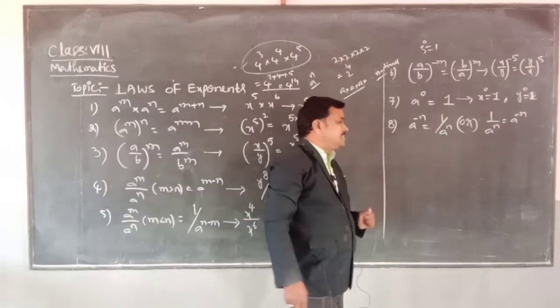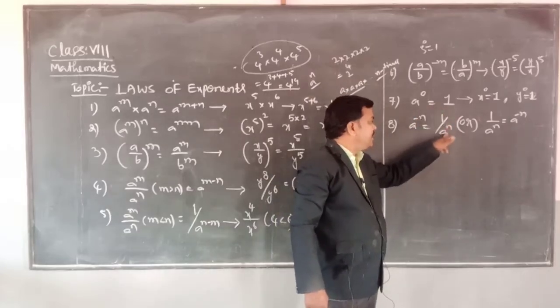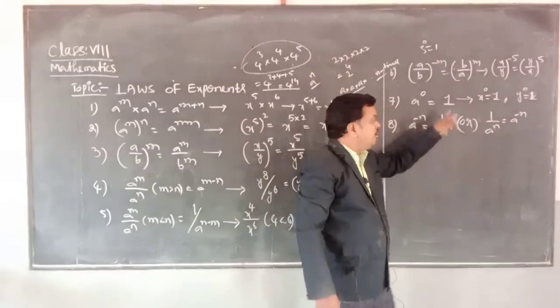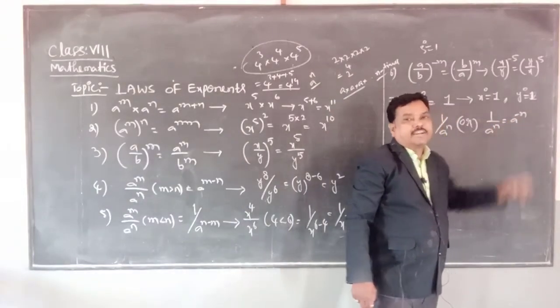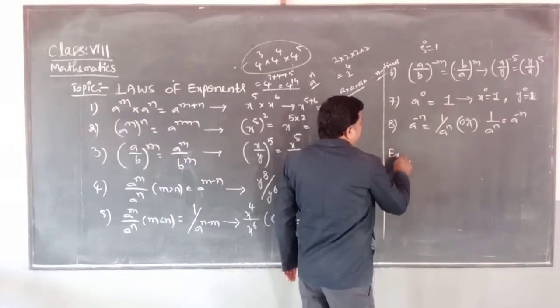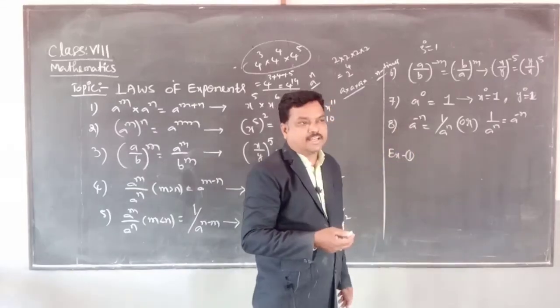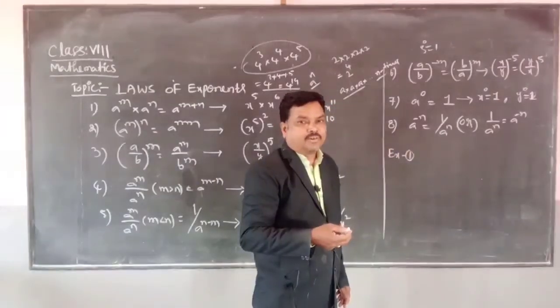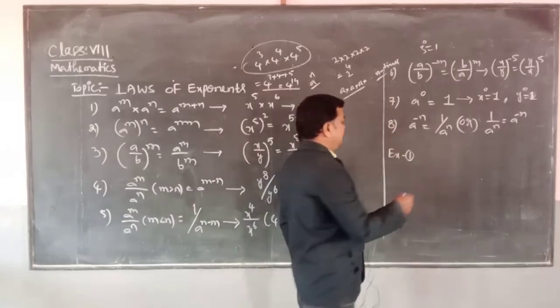Then the eighth one is a to the power of minus n is equal to 1 by a to the power of plus n, or 1 by a to the power of plus n is equal to a to the power of minus n. When we are going to change the negative sign of the power, we have to use this law.